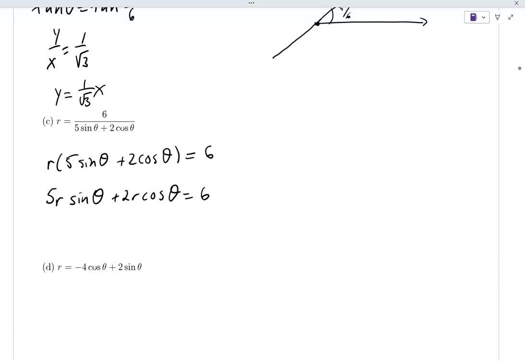Now do you see something you can plug in to get rid of the r's and thetas? Do you see any substitutions we can make using our conversion formulas? Say again? You have the x and y, right? What's r sine theta equal to? If that one's y, and the r cosine theta is x. Good. So we end up with 5y plus 2x equals 6. And in this case, again, we see an equation of a line.